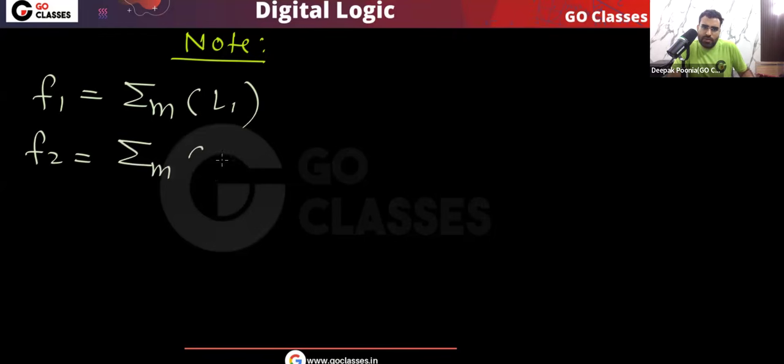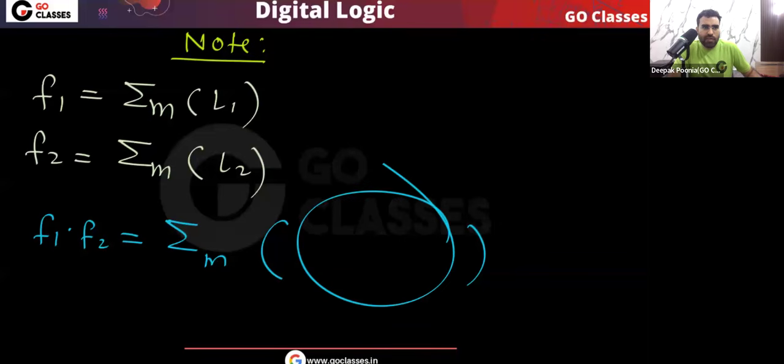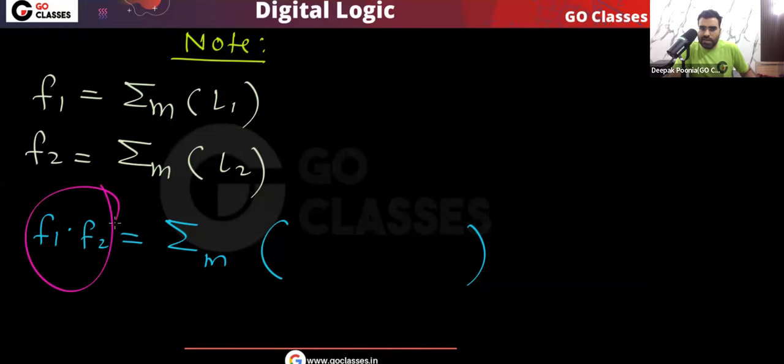If function f1 is given to you as sum of minterms, and this is the minterm list L1, and f2 is also given to you as sum of minterms, and this is the minterm list L2, what will be the expression for f1 and f2, and f1 XOR f2? Let's see what will be the expression for f1 and f2, meaning what will be the minterm list for f1 and f2. You don't have to memorize anything, just apply the logic. You can see, I want the minterm list of f1 and f2.